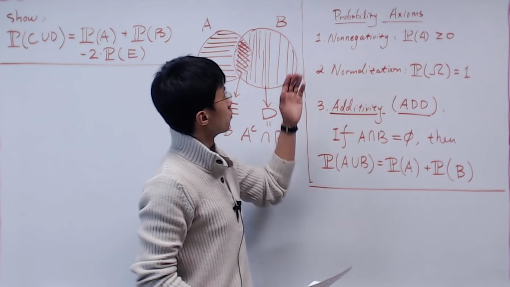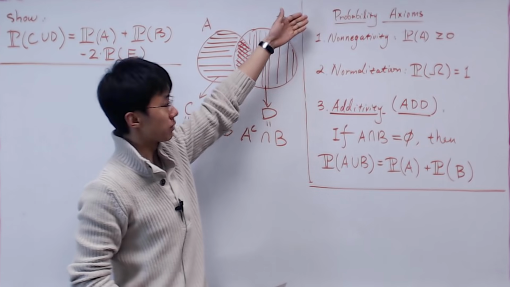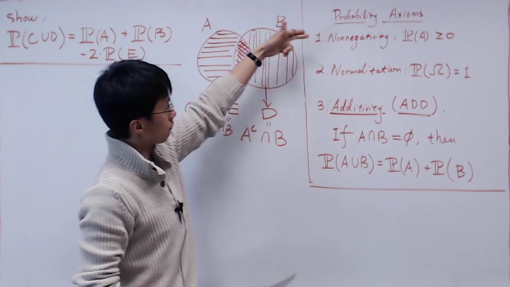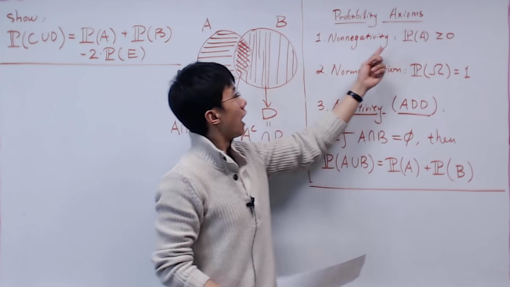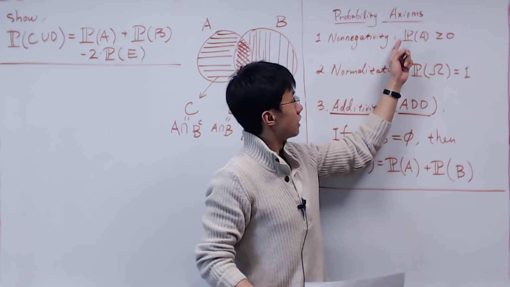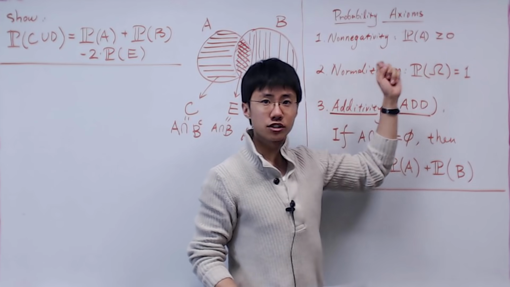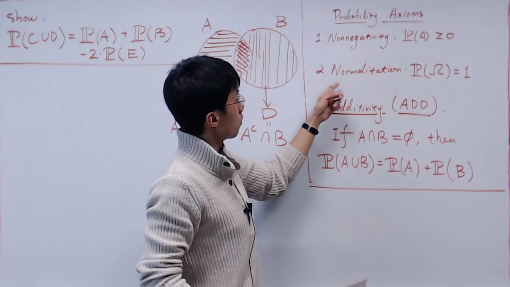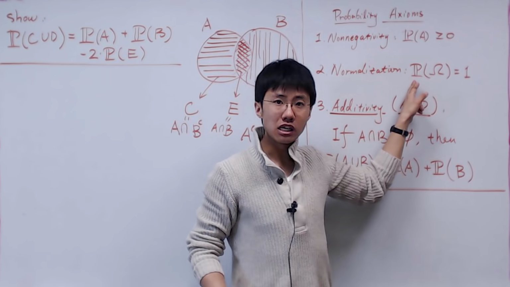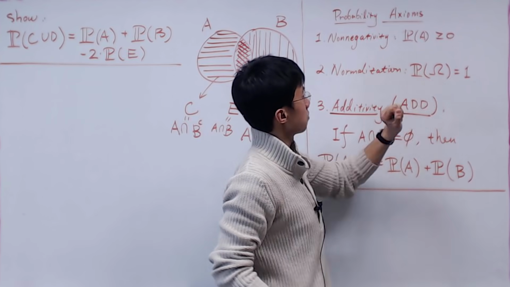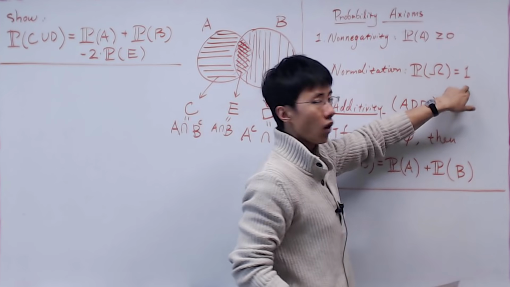Now let's take a minute to review what the probability axioms are. The first one says non-negativity. If we take any event A, then the probability of A must be at least 0. The second, normalization, says the probability of the entire sample space omega must be equal to 1.